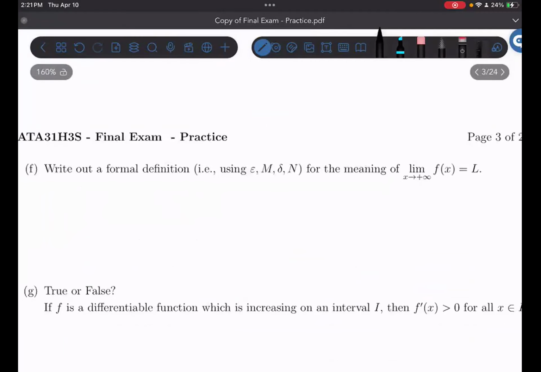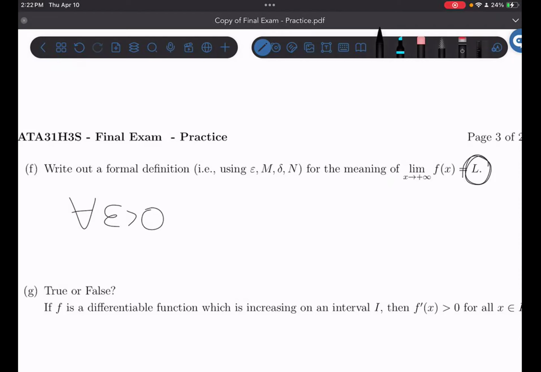Okay. All right, so this is just writing out the formal definition of the limit. So since my limit equals some L, we would start with for all epsilon greater than 0, right?